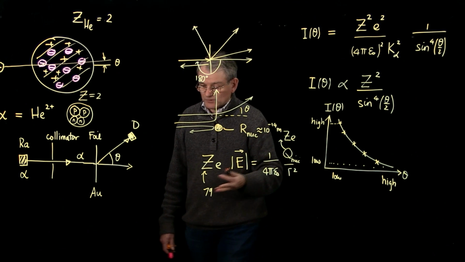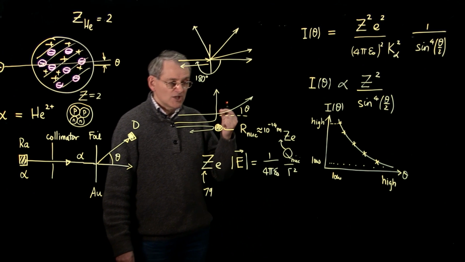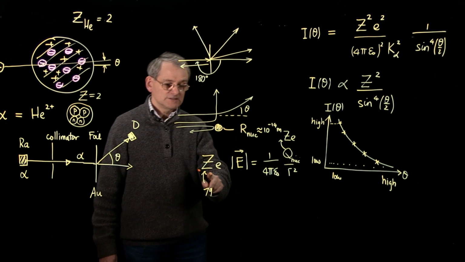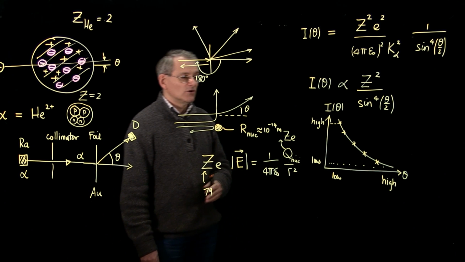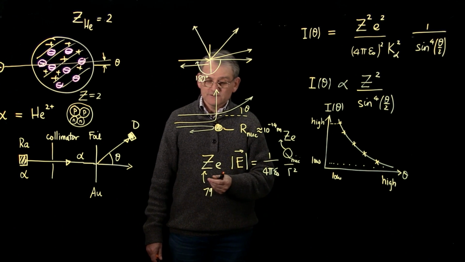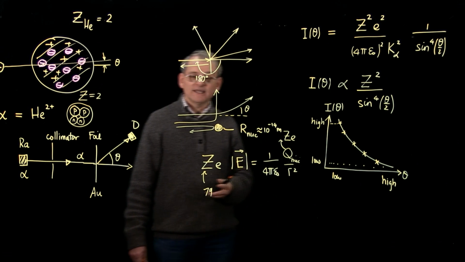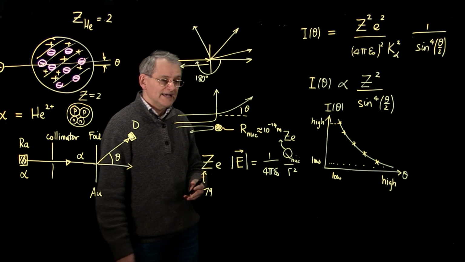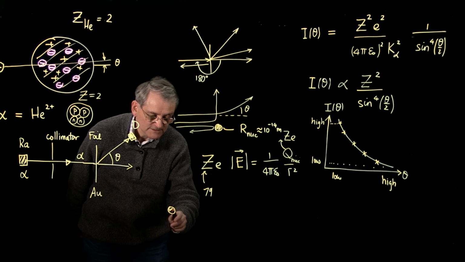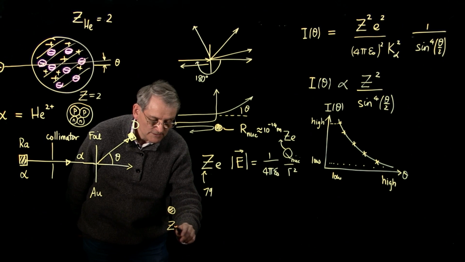We have a compact nucleus which contains all the positive charge, Ze, and almost all the mass. I say almost all the mass because, of course, there are electrons, but those electrons are not contained in the nucleus.